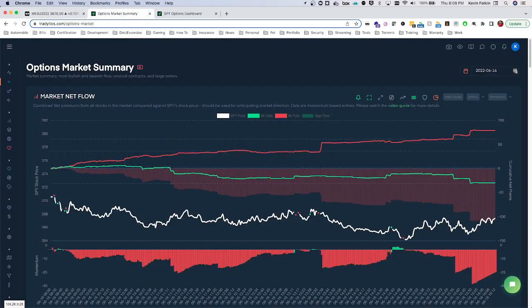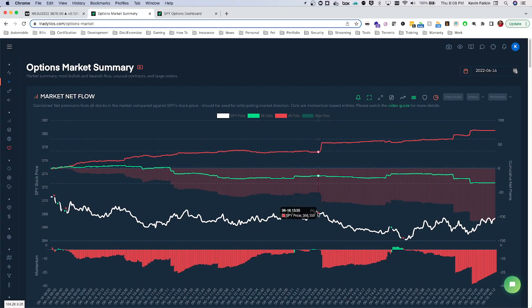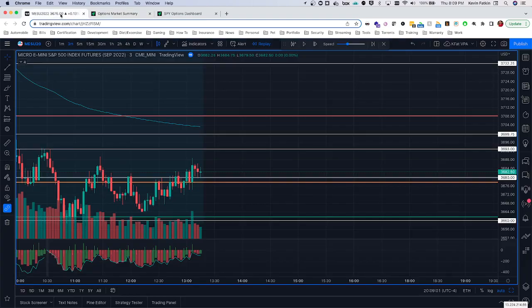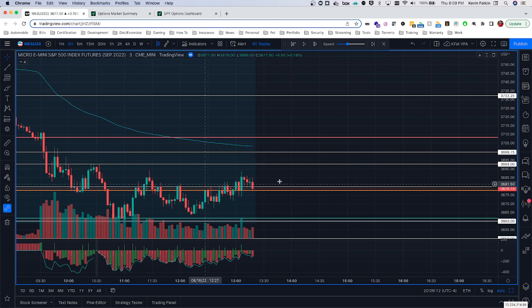But where things actually get interesting is right here when we got this momentum alert. Now this was at 1:35 p.m. and full disclosure, I do have a day job, so while this is going on, I always try to make it a point to pay attention to the opening hours and get as much as I can.